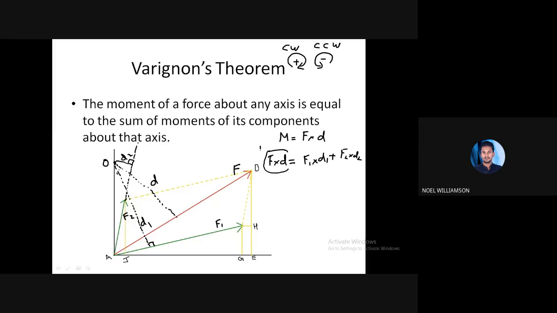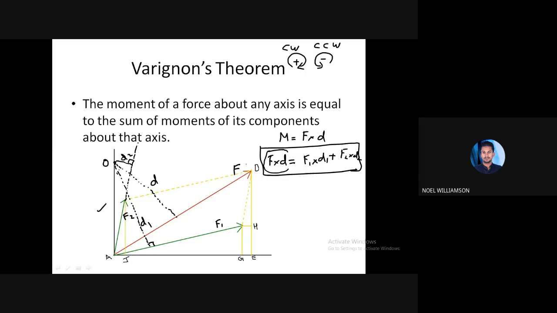This is Varignon's theorem. I will upload a derivation of it in the channel. It is very simple: using this figure and certain geometrical constructions, you derive the relation F into D equals F1 into D1 plus F2 into D2.